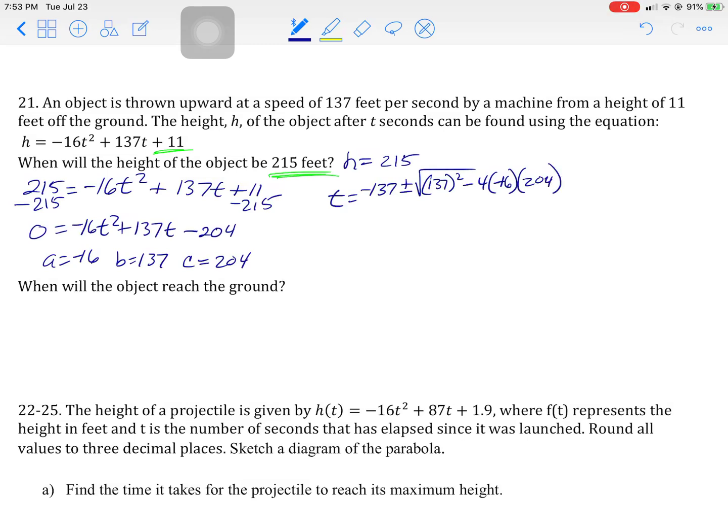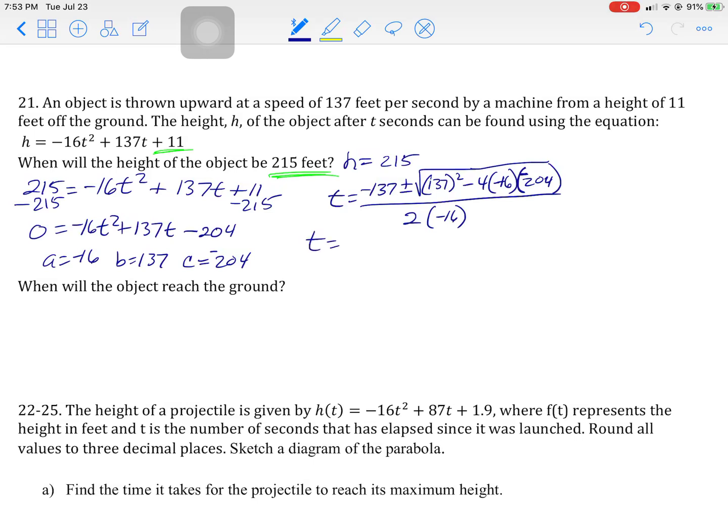That makes more sense. On the last page, getting tired. Okay. Keep focus. 2 times negative 16, right?